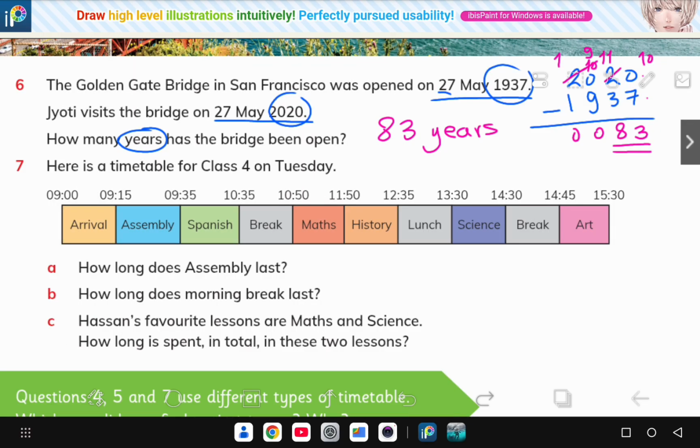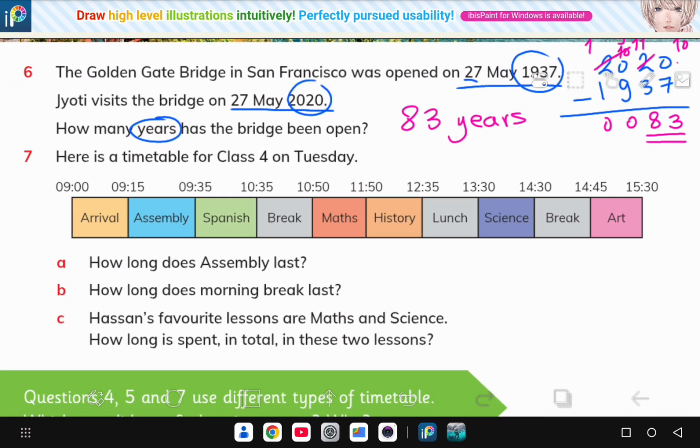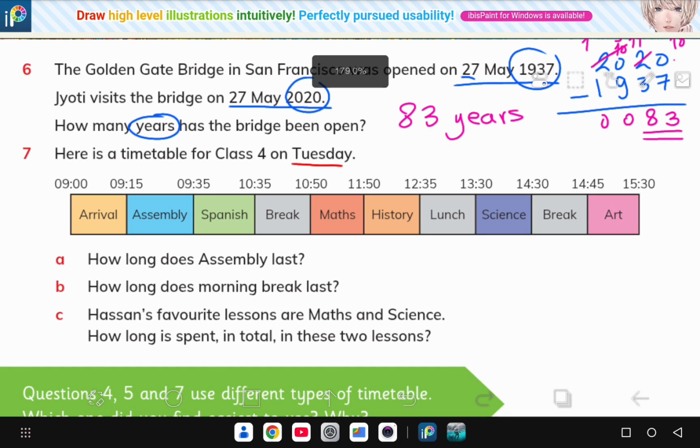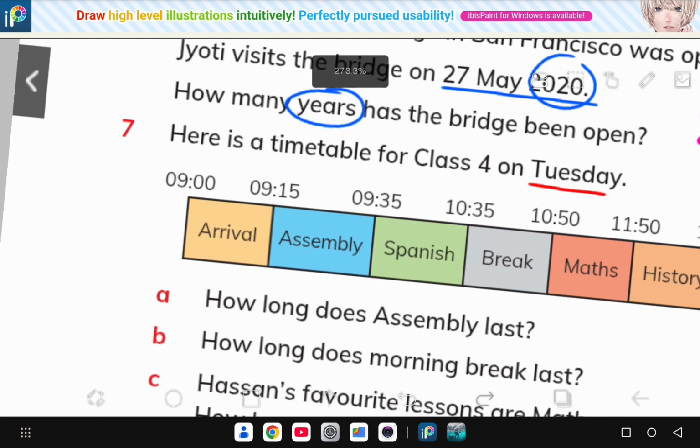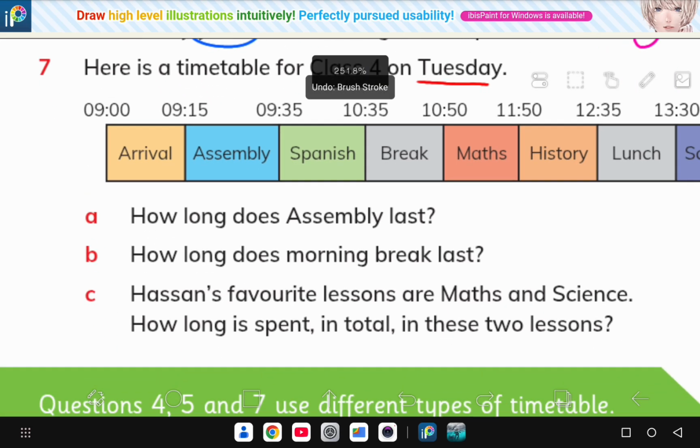Okay, now question number 7, which is the last question. Here is a timetable for class 4 on Tuesday. The arrival, the assembly, Spanish, break, math, history, lunch, science, break, and art. Each class starts at a time and ends at a different time.